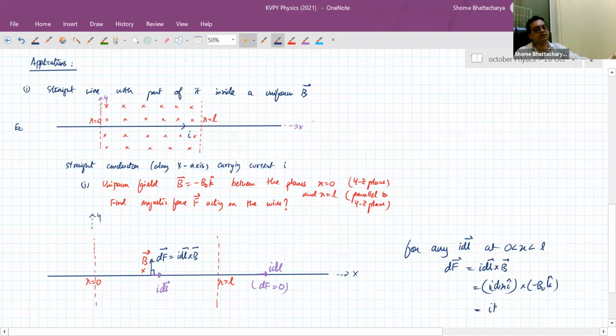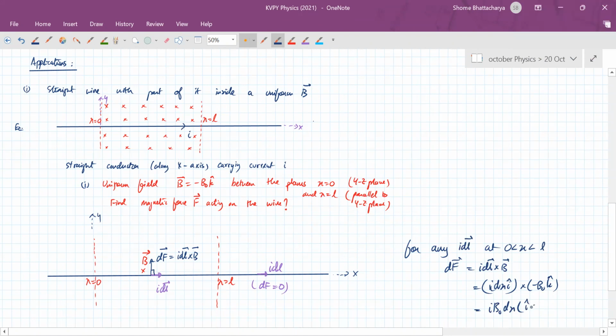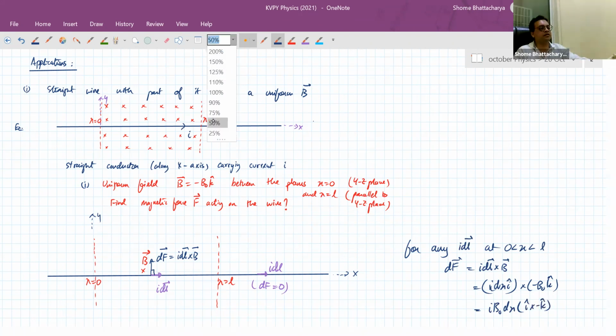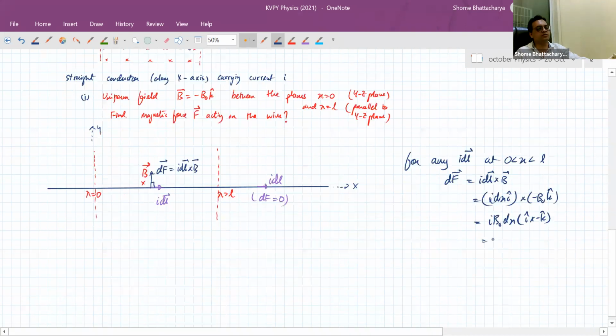So it is I B naught dx into I cap cross minus K cap. Now, as you all know, I cross K is minus J. So I cross minus K will become J. So this becomes I B naught dx J cap. So this becomes the force on such an element.